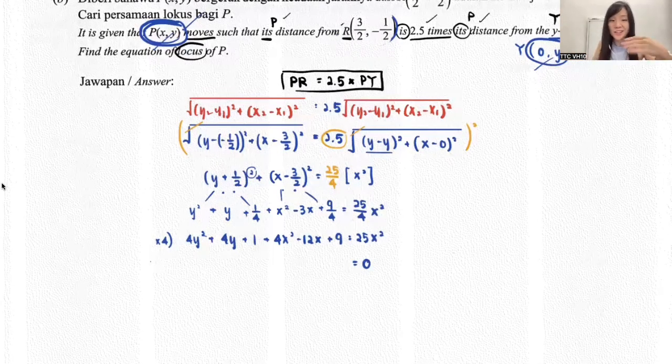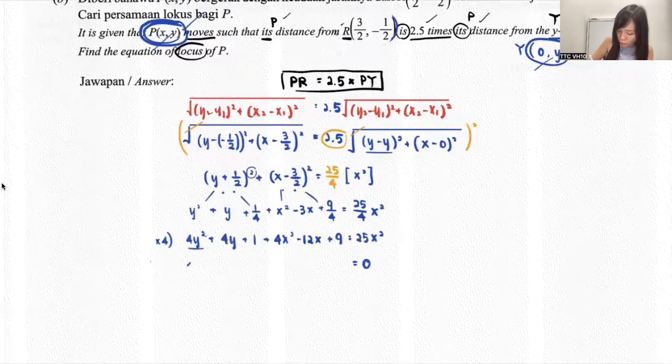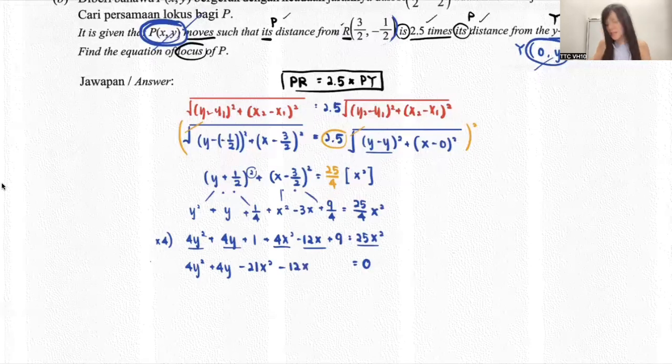So I will simply write, normally I write y squared. So this one 4y squared. So 4x squared minus 25x squared, negative 21x squared. And then negative 12x. The leftover is the number, 1 plus 9, will be 10. Remember, you can simplify. 4, 4, 12, 10, all can be divided by 2, but 21 cannot. So nothing I can do. This is exactly how the answer looks like.